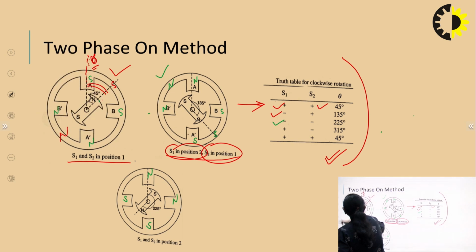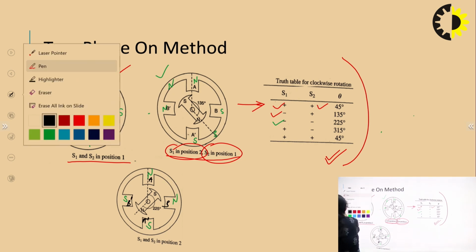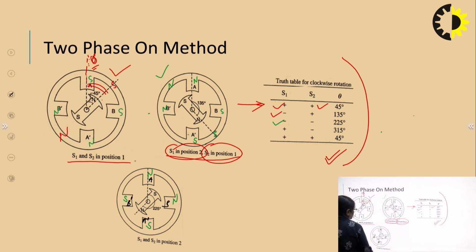Let me just change the color as it is not mentioned over here. So, this is A, this is A dash, you know that well, this is B and this is B dash, okay. So, what about the pole formation? The resultant pole S would be here, the resultant pole formation N would be here, and rotor has aligned itself with the resultant magnetic field.